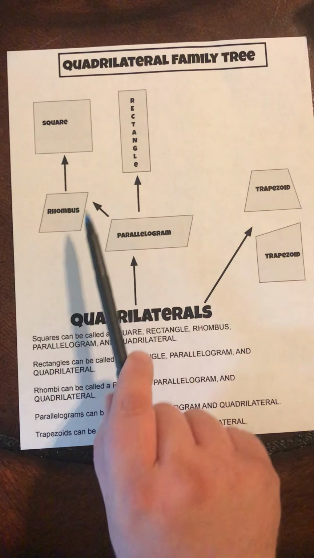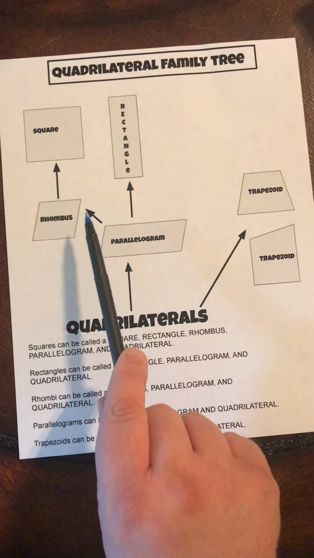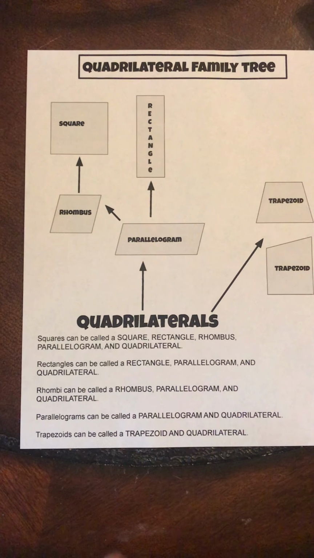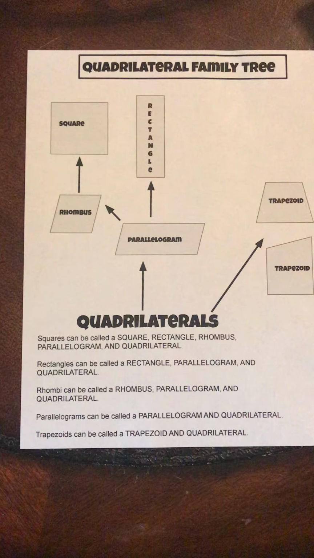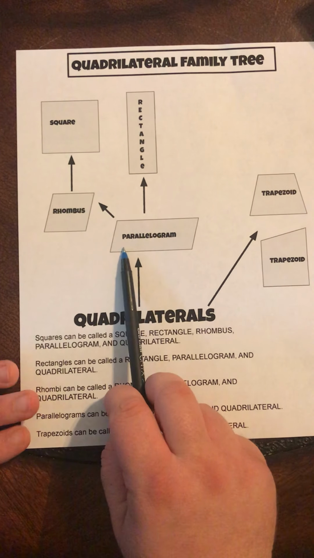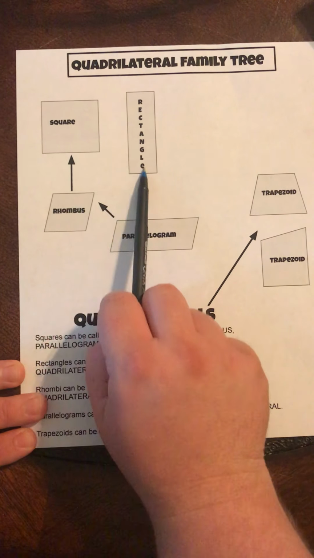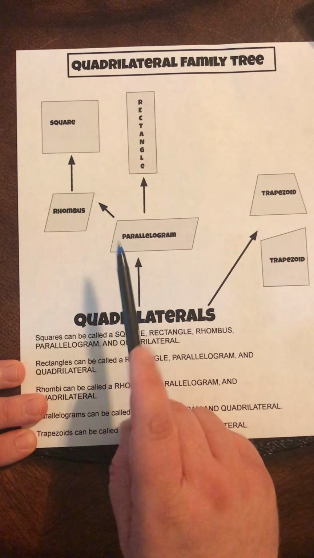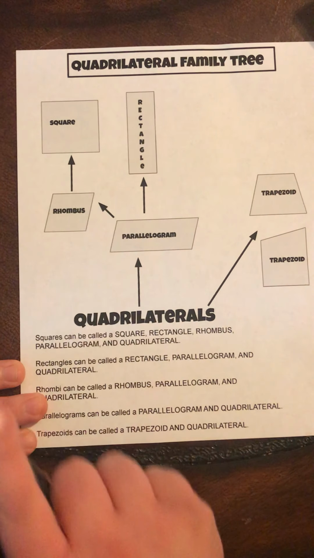I can't call this rhombus a square, and I can't call this rhombus a rectangle. I can't do that. And then parallelogram. I can call these three quadrilaterals parallelograms because they have two pairs of parallel lines.